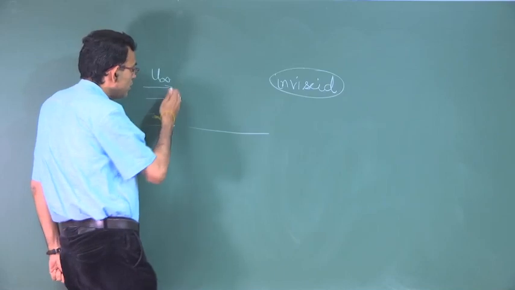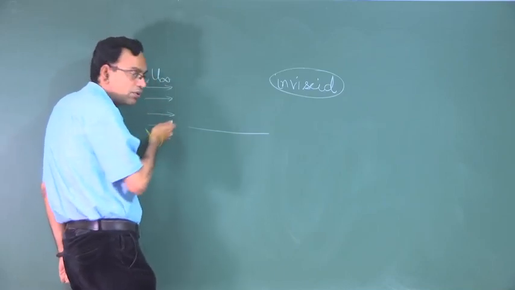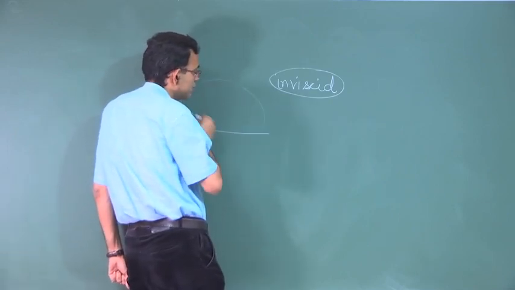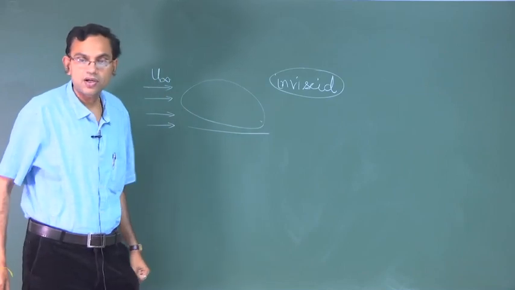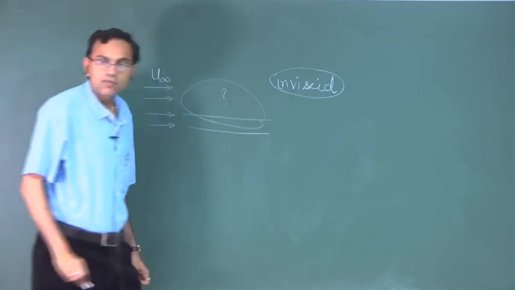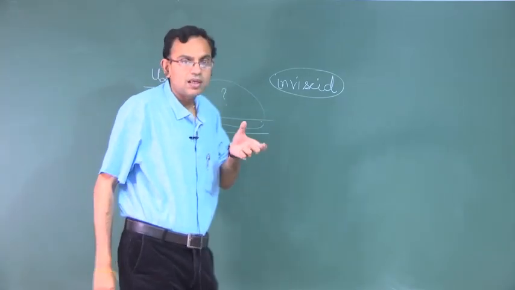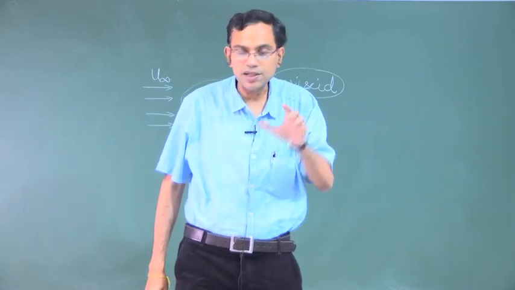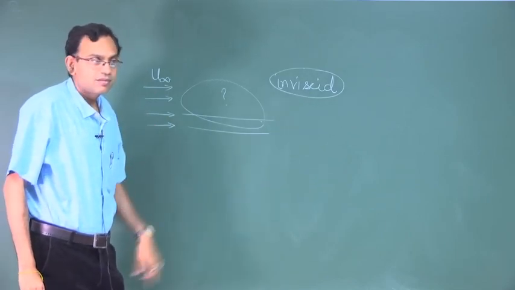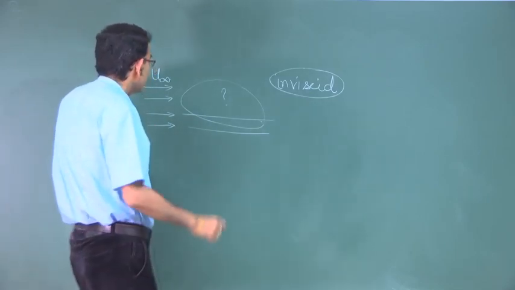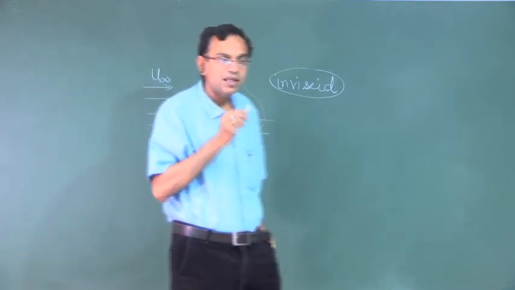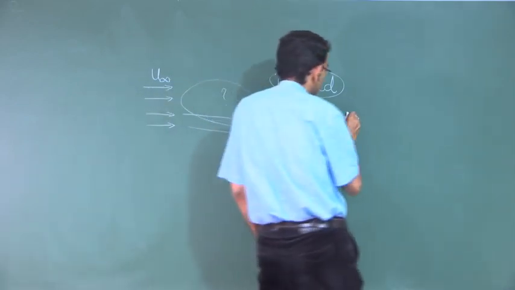Although this fluid velocity profile is uniform here, you have viscous effects playing a significant role in this part of the domain, whether it is the full domain or a part of the domain close to the solid boundary. It depends on several factors, but there is a viscous factor here. What a viscous factor tries to do is that this inviscid flow does not have a velocity gradient, and therefore it is also irrotational flow.